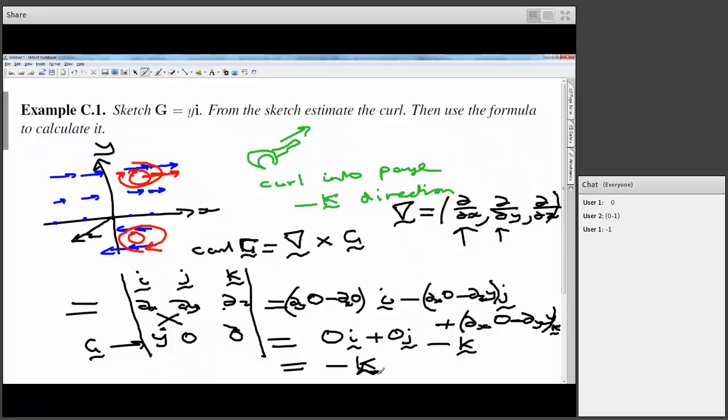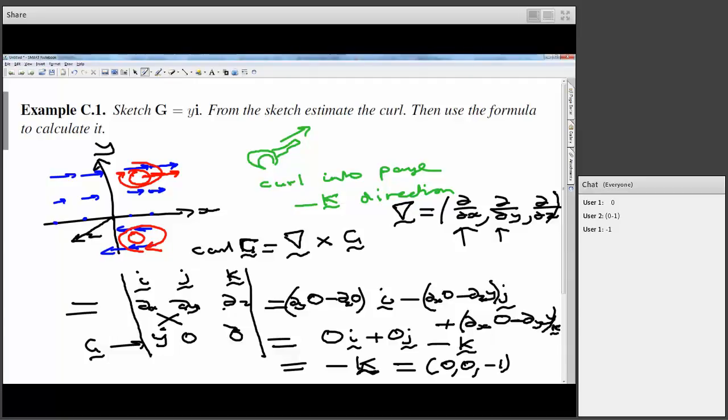A few things to remember: it's a vector. So you can write it like this. You could alternatively write it as 0, 0, minus 1. That's also fine. It could be a function. So in general, it's a vector field. It happens to be fixed in this case, but it could be variable in x, y, and z. So in general, the curl of a vector field is another vector field.